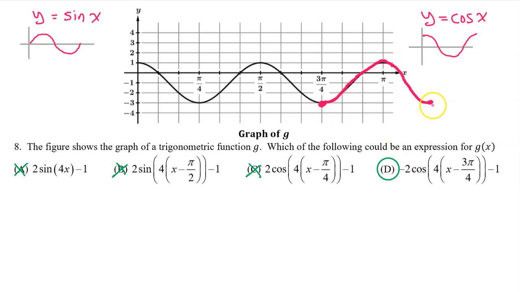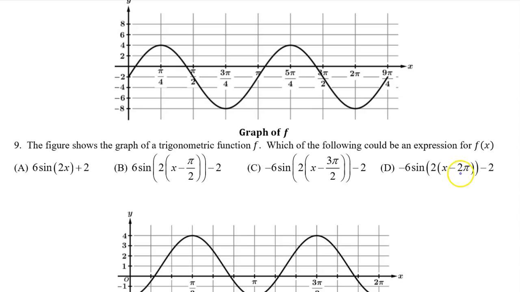Well, this period of function g would be a cosine function, and this is a cosine function, but this is an upside down cosine function compared to the parent function. So we are expecting to see a negative a value, and that is exactly what we do see. So it makes sense that the answer is D.